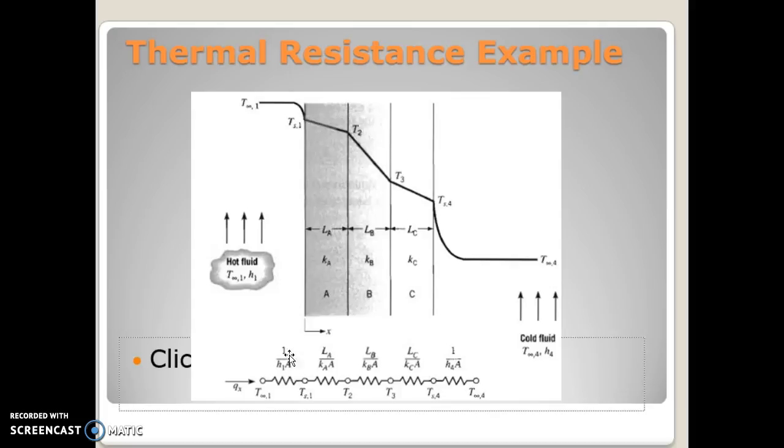So if you add up all these resistances, it will give you the total resistance. So this is the concept of thermal resistance and the total resistance, and the inverse of total resistance is nothing but the overall heat transfer coefficient.